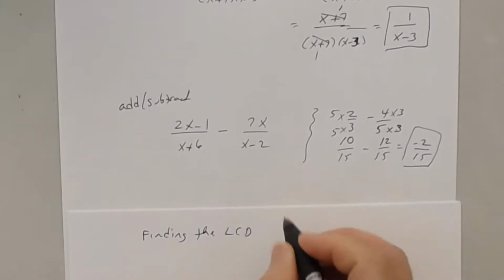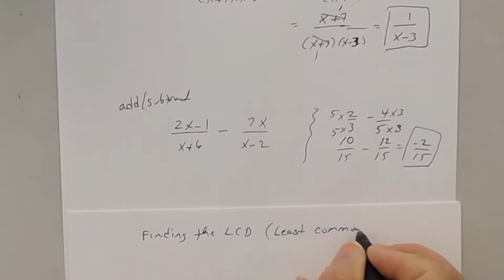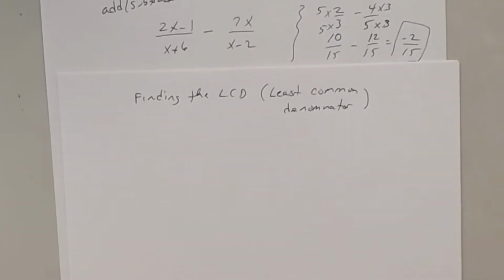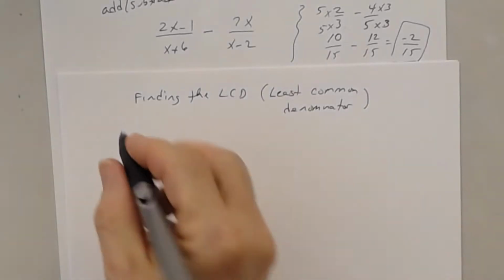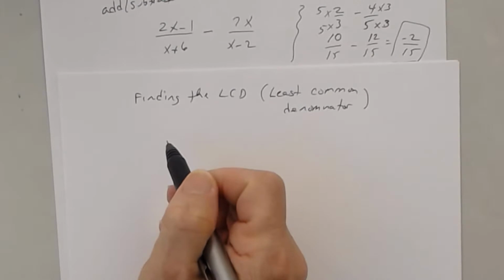Remember, LCD means least common denominator. Okay, least common denominator. All right, so we're going to start with some easy ones. Easy ones meaning no variables.